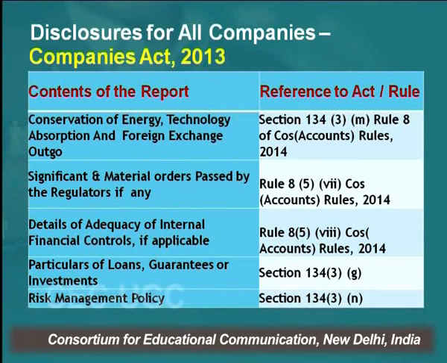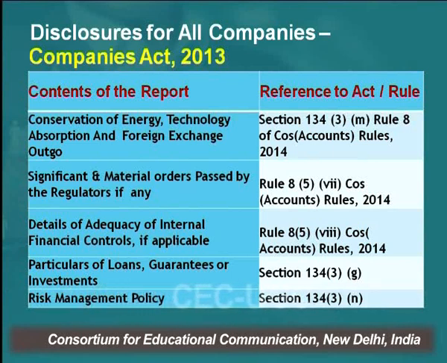Again, if there are significant and material orders passed by the regulators for the company, either in favor of or against the company, you have to disclose them as per rule 8, clause 5 and subclause 7 of Companies Accounts rules 2014.